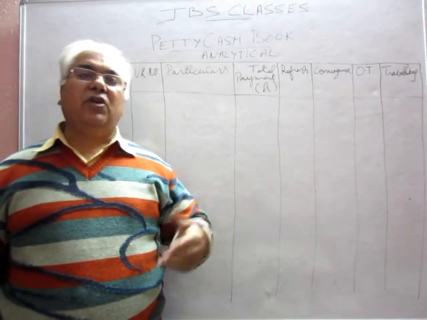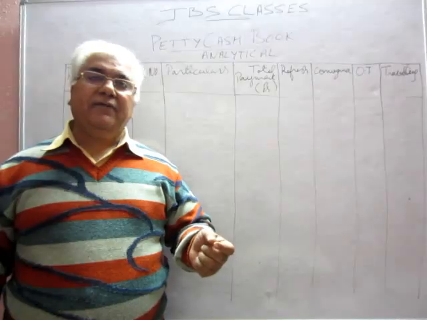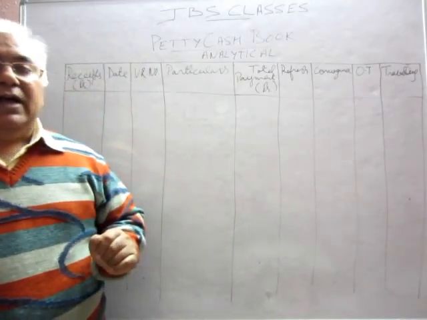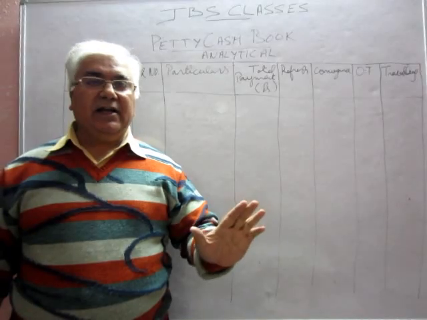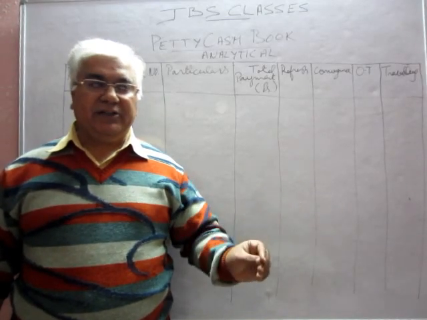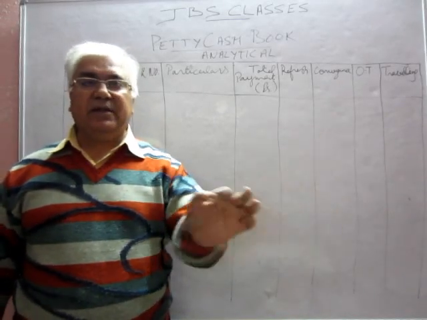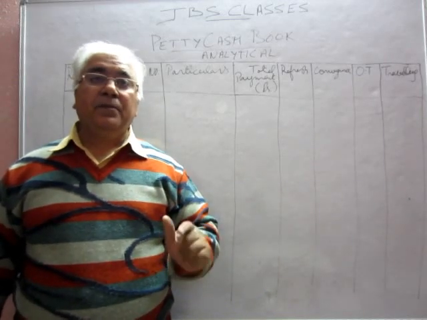This system is called imprest system. That means, for example, if 2000 is given to the petty cashier at the beginning of a particular period, and after that period is over, say 15 days, he renders the accounts to the main cashier, giving a statement that he has spent this much money under these expense heads. Say he has spent 1500 rupees.